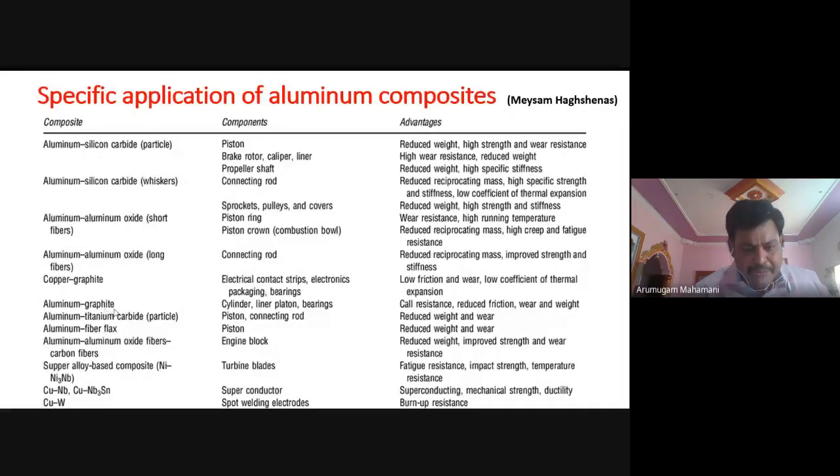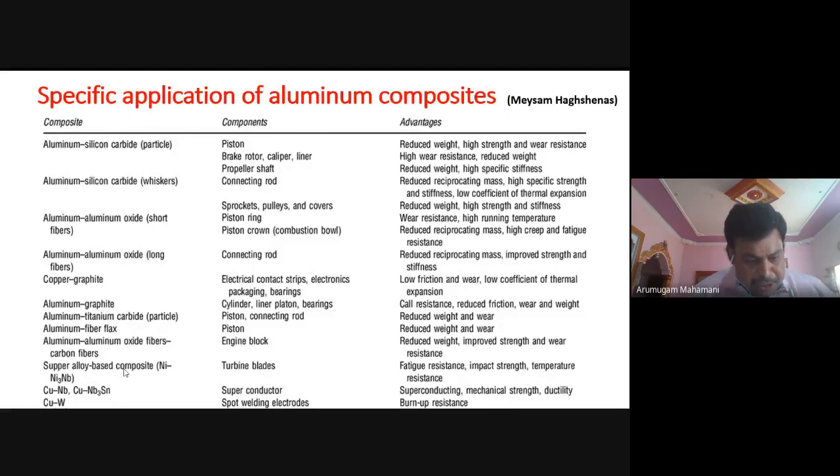Then aluminum graphite is used in cylinder liner. Once graphite is reinforced into the aluminum matrix composite, the wear property will improve. Whenever sliding occurs, the graphite acts as a lubricant and reduces the wear rate. Then aluminum titanium carbide, aluminum TiC composite, is again used in piston connecting rod. Aluminum oxide fiber and carbon fiber are used in engine block.